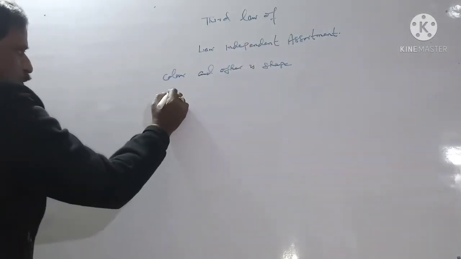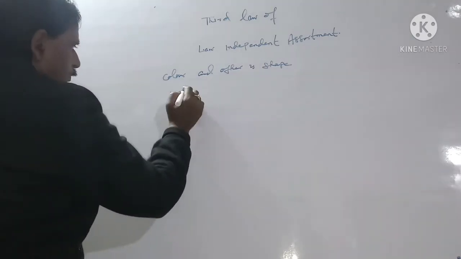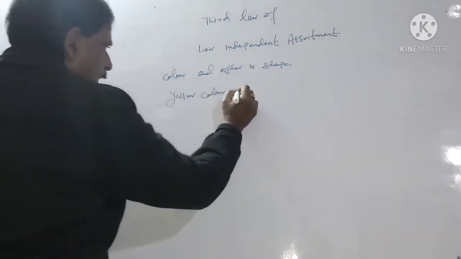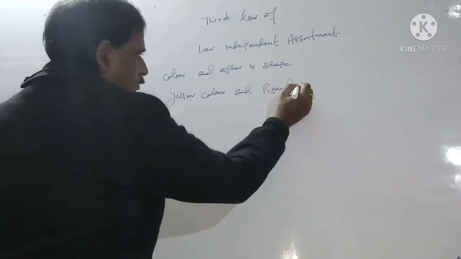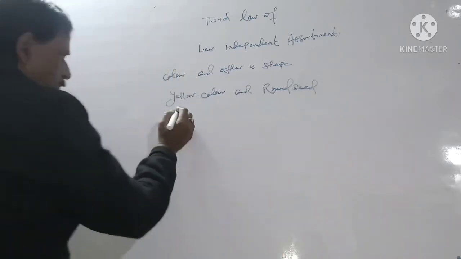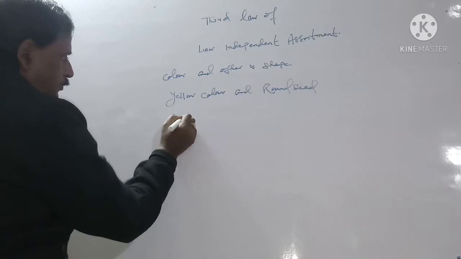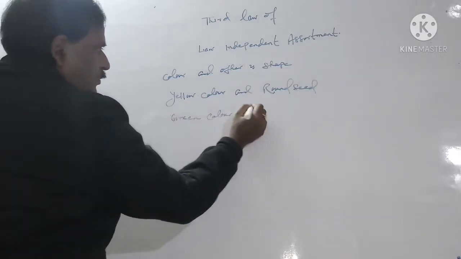The color is yellow and the shape is round. The next is red color. The next is green color and wrinkle shape.